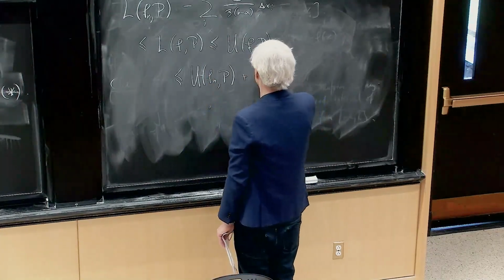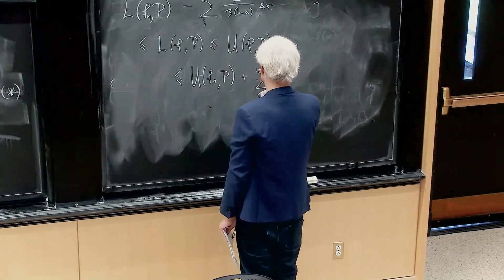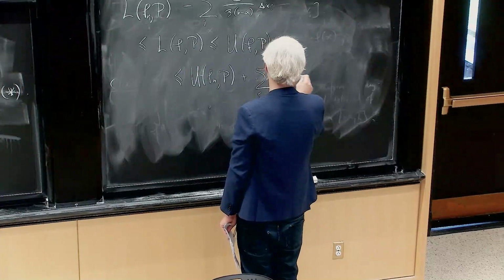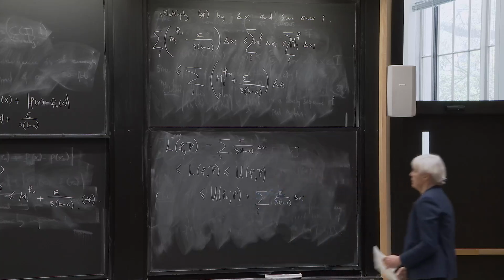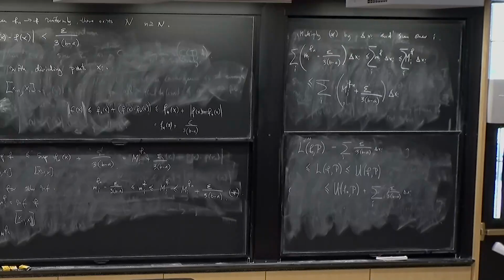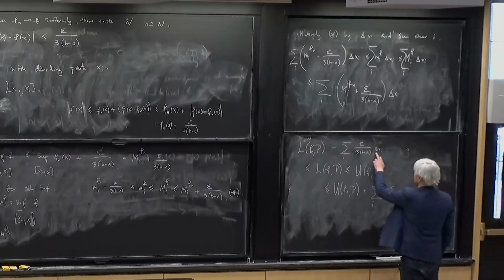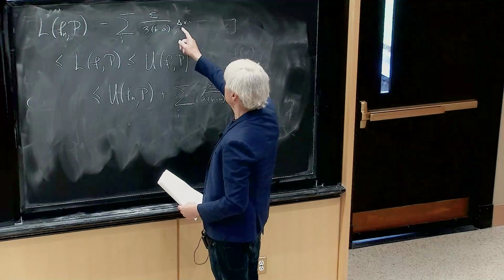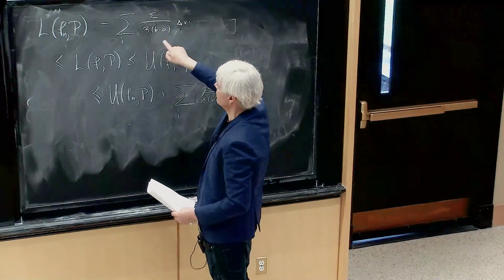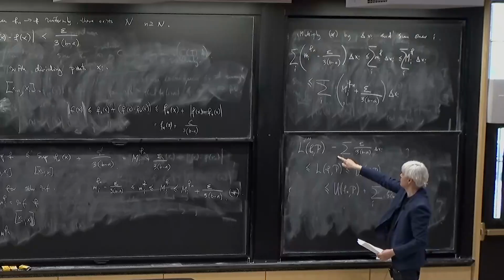And then the second term you get is this epsilon over 3(b minus a) delta x_i. Now, this thing here, when I'm summing, this is just a constant. So I can just pull that constant out.